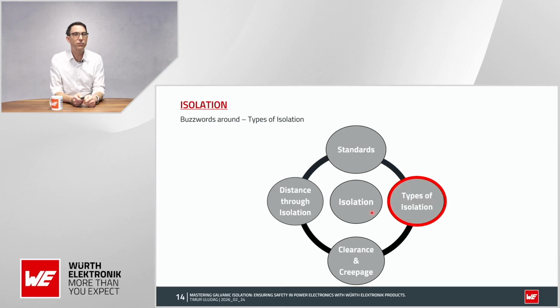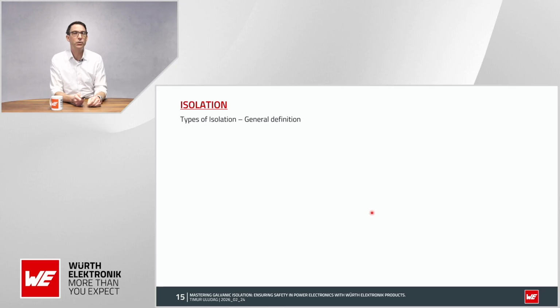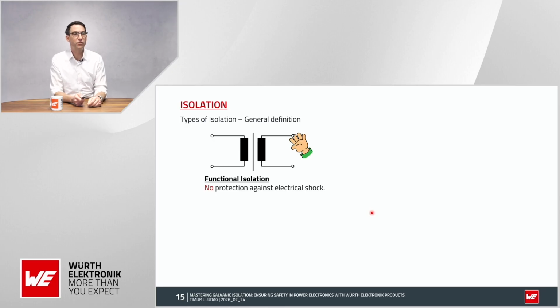Second, if we deal with galvanic isolation, is the definition of the types of isolation. I will try here to make it a little bit easier and not so driven by the correct wording of the standard, to have a better understanding. First of all, the functional isolation.